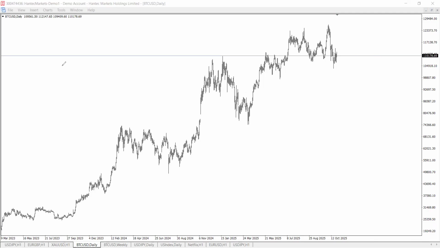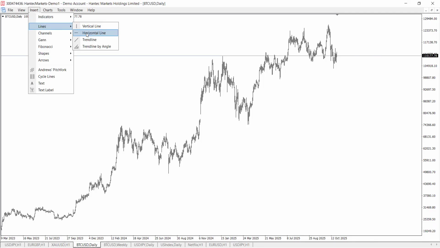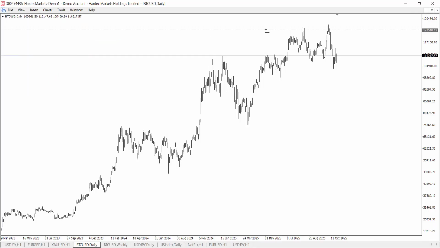Now I'm going to start from here. I'm going to show you guys something real quick, right? And I'm going to first of all insert a horizontal line at the highs over here. Now, why am I inserting this horizontal line? Because this was more or less the all-time highs before we had this drop over here.